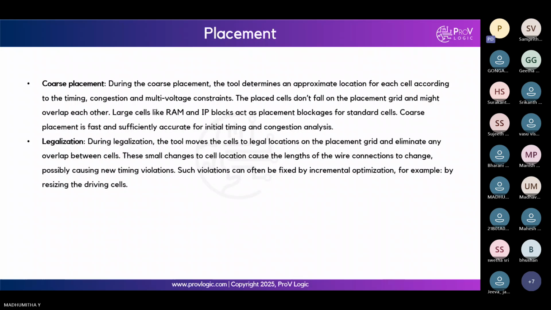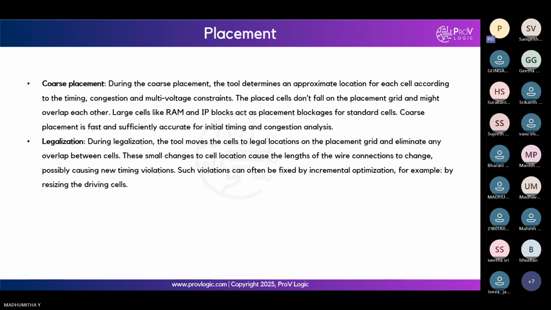The placement process is very broad, but to characterize it for now, we can divide it into two steps: coarse placement and legalization. Coarse placement is a rough placement that you do, and in legalization we do the detailed placement of the standard cells.